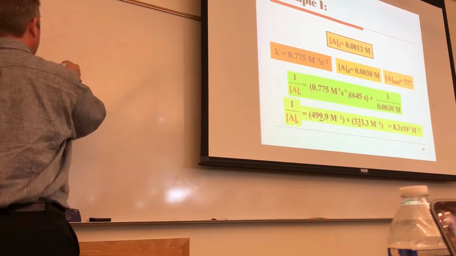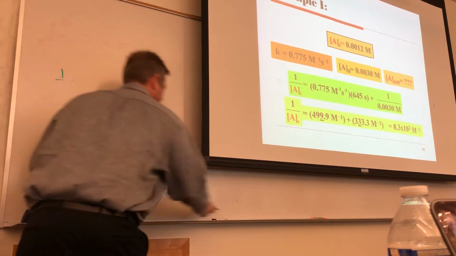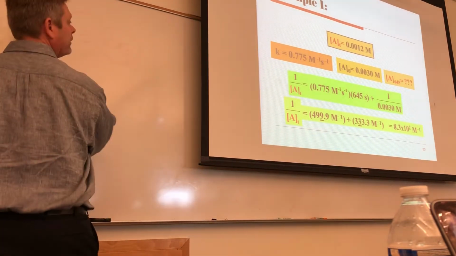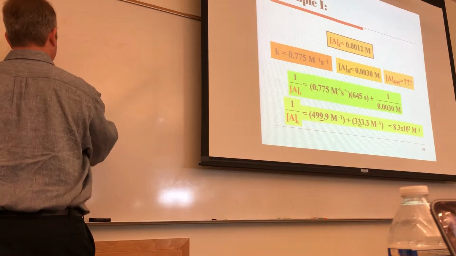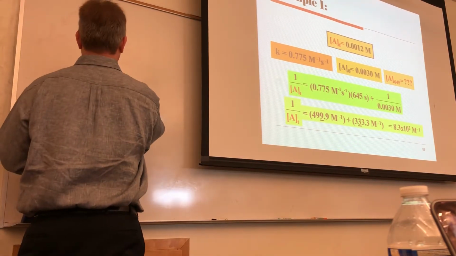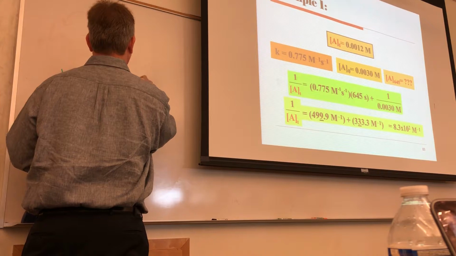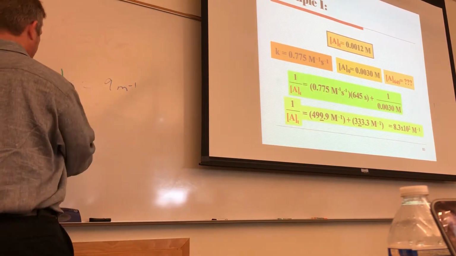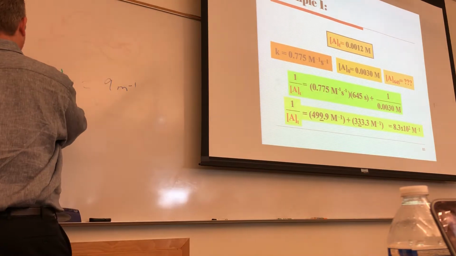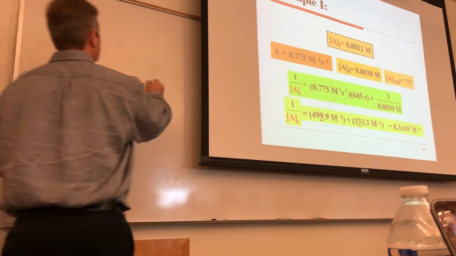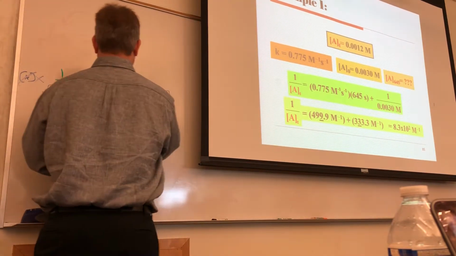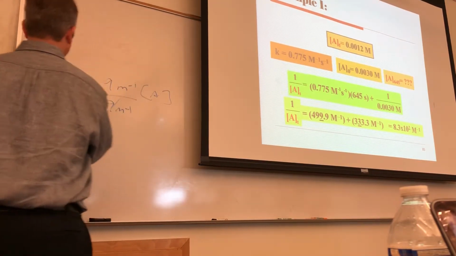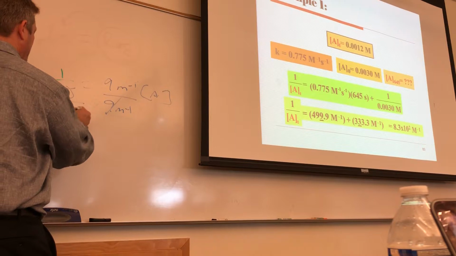Let's just look at it. Make sure we're not confused. 1 over this thing equals, let's just say 9 m to the minus 1, right? Okay. Multiply both sides by this. Multiply by a, cancels. Multiply by a. And then you're dividing this, right? 9 m to the minus 1, so that cancels. You're dividing 9 m to the minus 1.